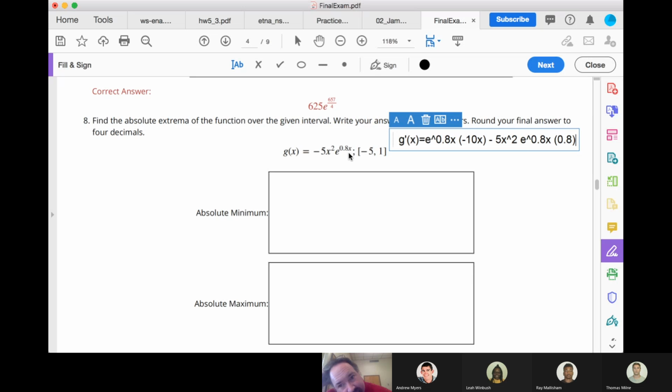Okay. So now if we clean up the constants, we have -10x e to the 0.8x, and then minus 5 times 0.8, that's going to be 4x squared e to the 0.8x.